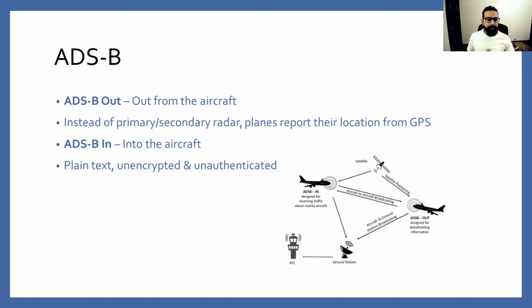The satellite, the ground station, the air traffic controller, and other aeroplanes are all receiving the information. The aircraft can transmit and receive information simultaneously. So ADS-B In is to receive the information, and Out is to send out the information.